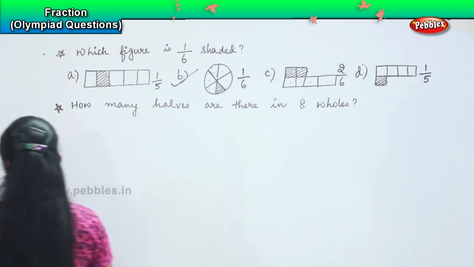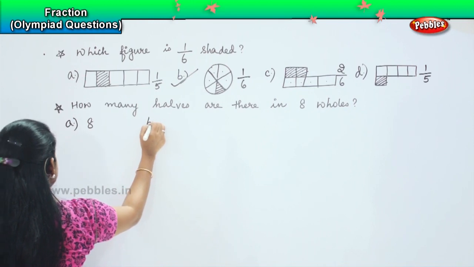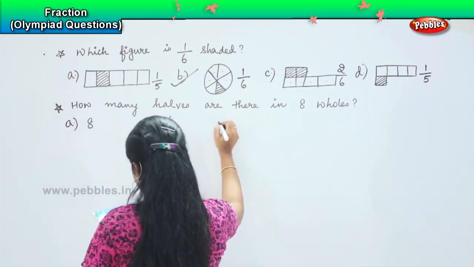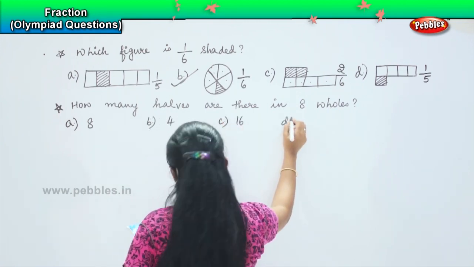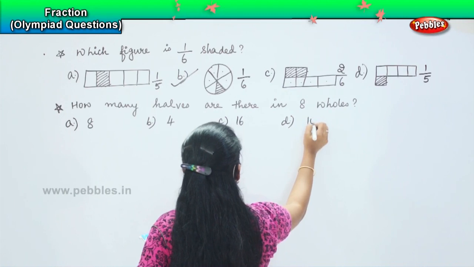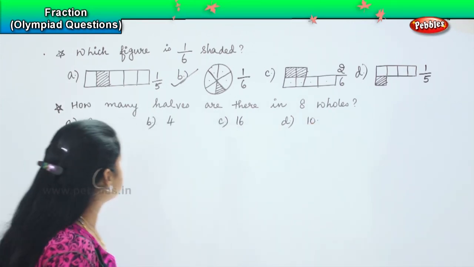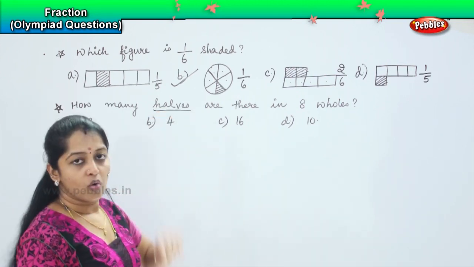Okay, and your options are A 8, B 4, C 16 and D 10. So the question asked here is, how many halves are there in 8 wholes?